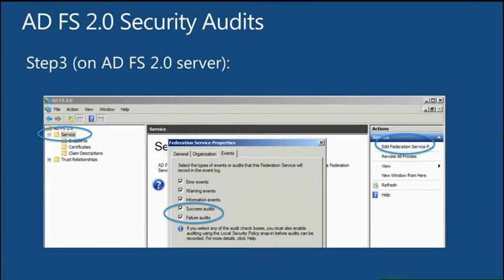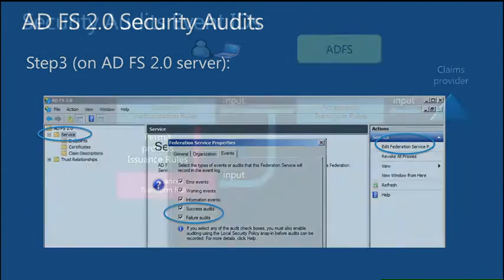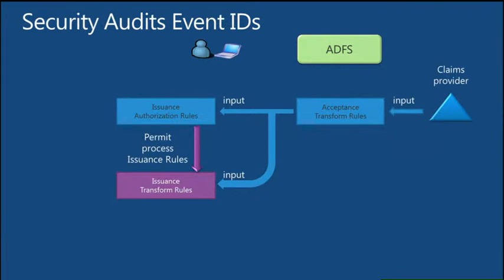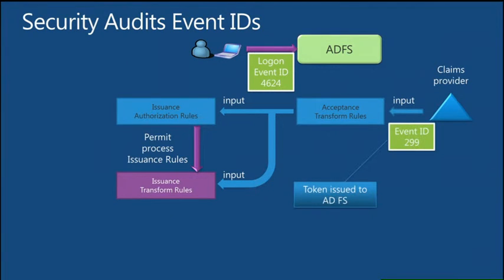And then you get things in the audit log, and you think, what on earth do they mean? And what you can do is look at it from this point of view. That user logs in, you get an event ID 4624. When you then go to the Active Directory for that user, assuming we're using Active Directory as the claim source, you get an event 299, which means the token's issued to ADFS.